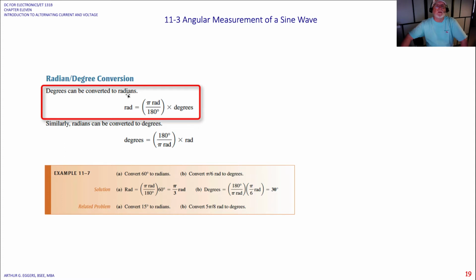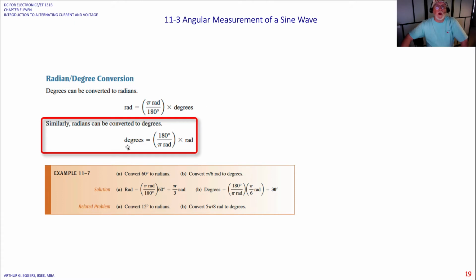Degrees can be converted to radians, knowing that a radian has a conversion of pi radians per 180 degrees, and multiplying times degrees. So in this case, if I had 30 degrees and I divided it by 180 degrees, the degrees cancel out, and I'm just left with 30 divided by 180 times pi radians.